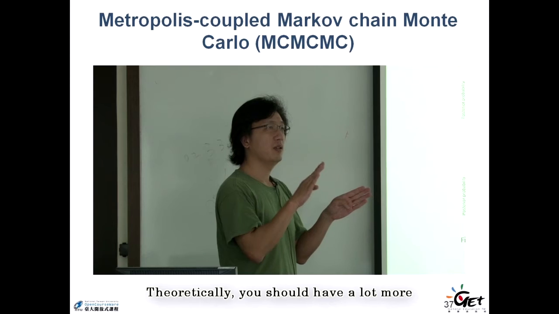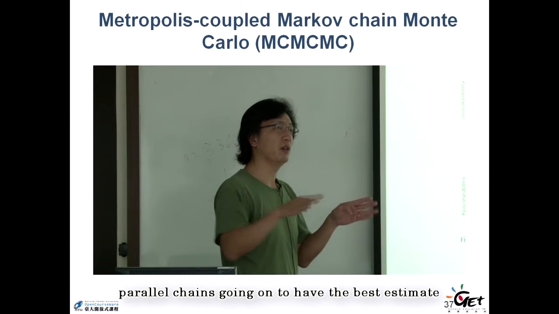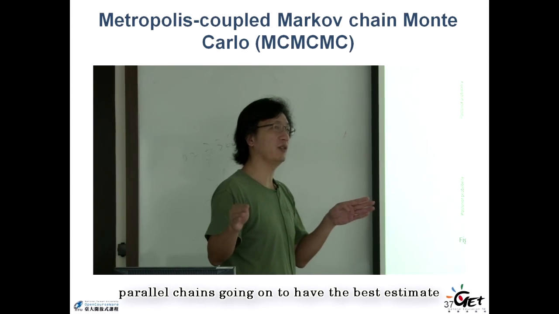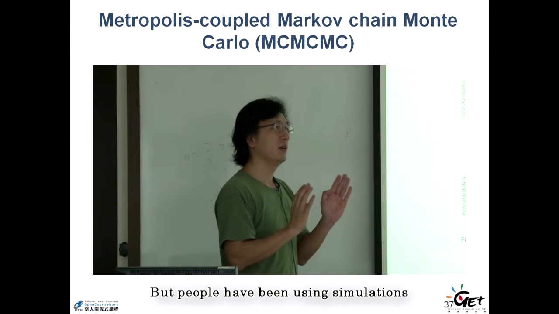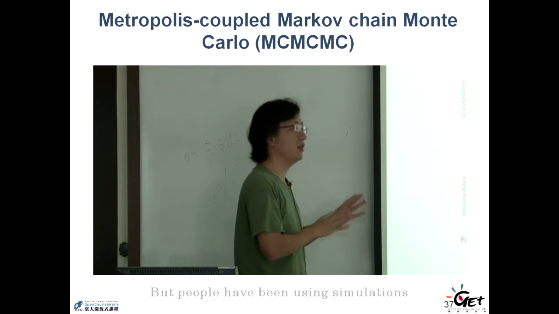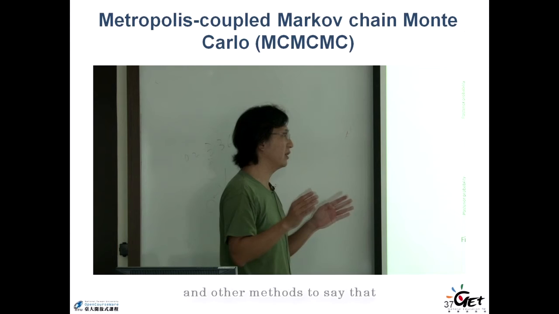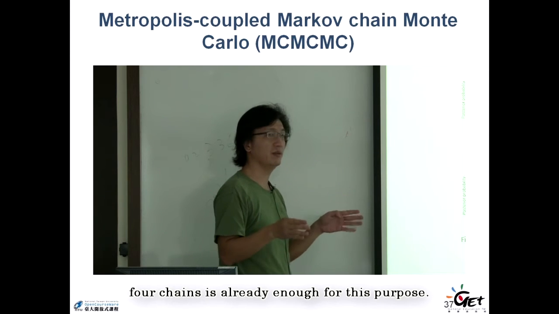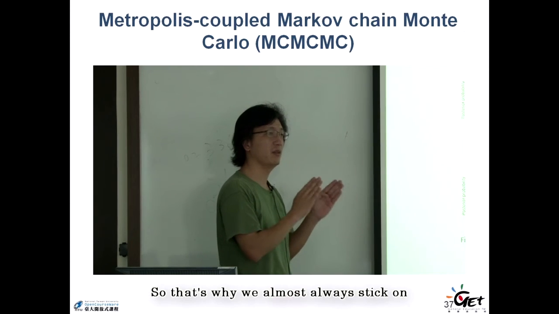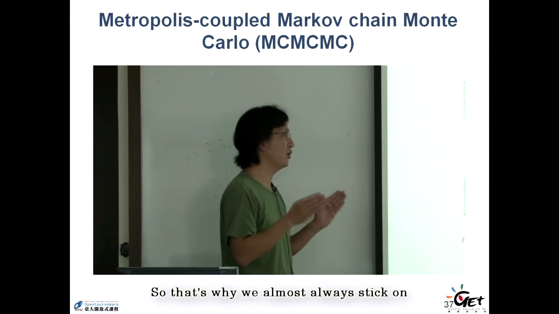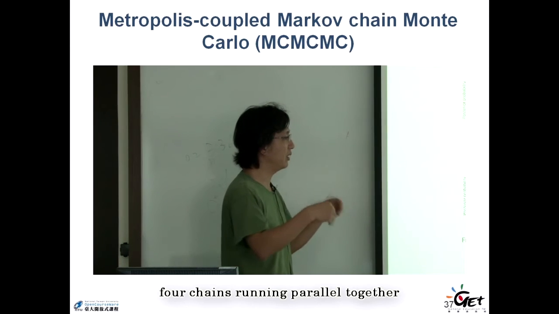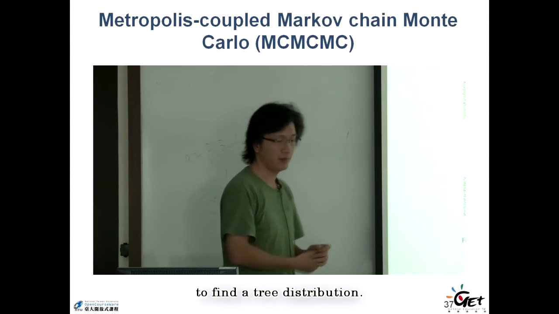Theoretically, you should have a lot more parallel chains going on to have the best estimates. But people have used simulation and other methods to show that 4 chains are already enough for this purpose. So that's why we almost always stick with 4 chains running in parallel to find a tree distribution.